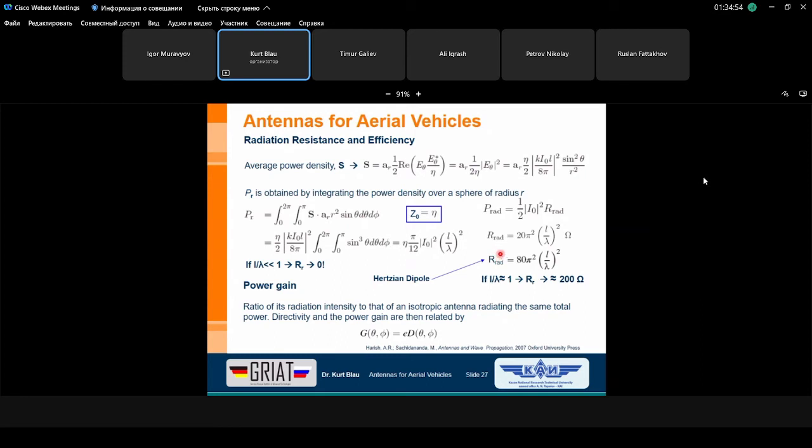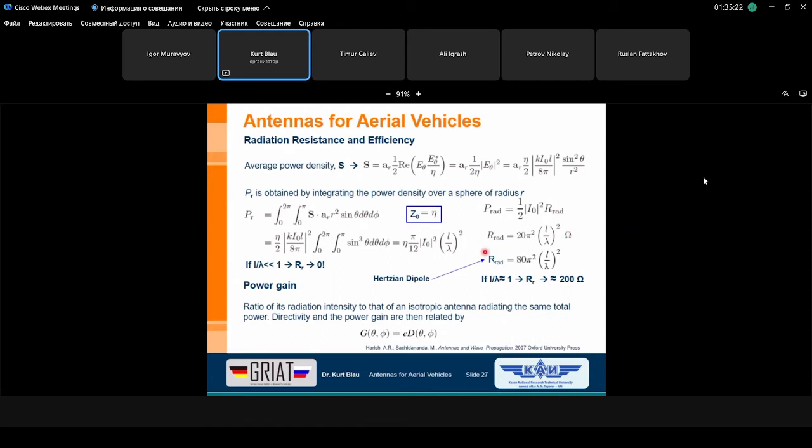Then from the theoretical point of view, you also can calculate this as a so-called radiation resistance of a Hertzian dipole. But it's not a wire, it's again two very close together arranged charges. And this is valid, let's say, for a wire like a Hertzian dipole, very, very small, not zero.